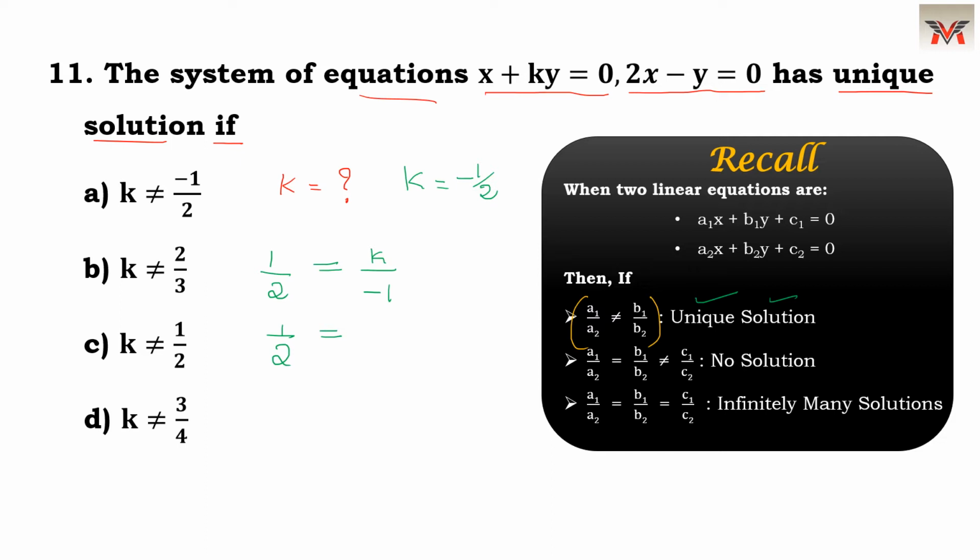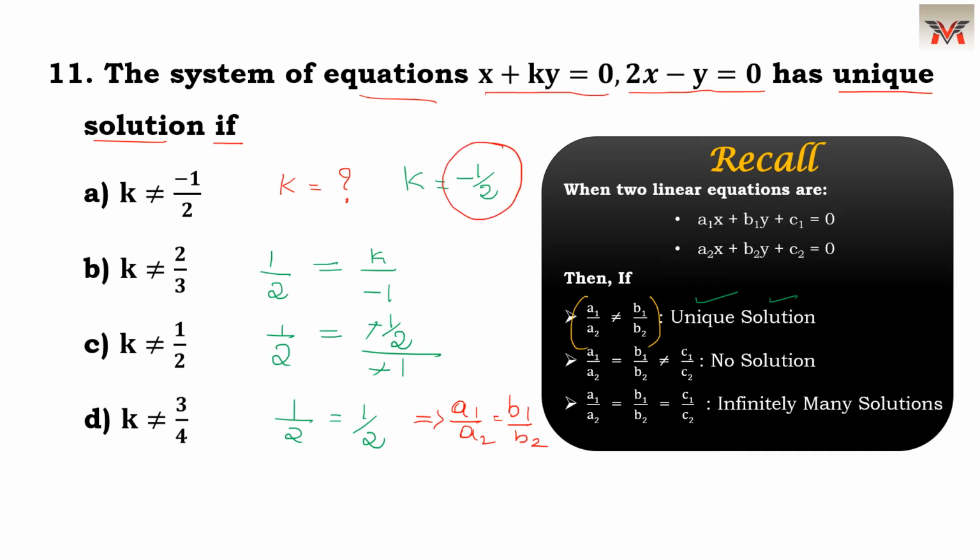If we substitute k as minus half, we get minus half by minus 1. Minus and minus get cancelled. We get half equal to half. That implies a1 by a2 is equal to b1 by b2 for k equal to minus half.